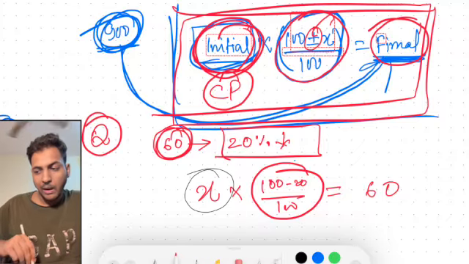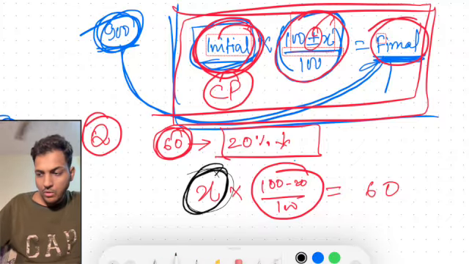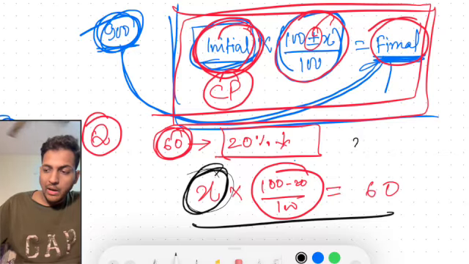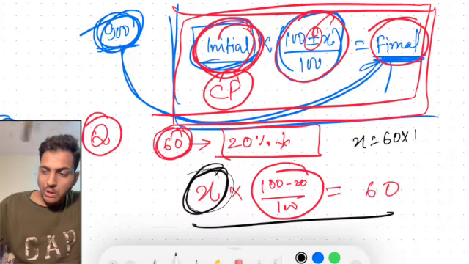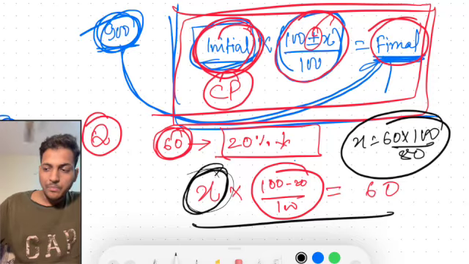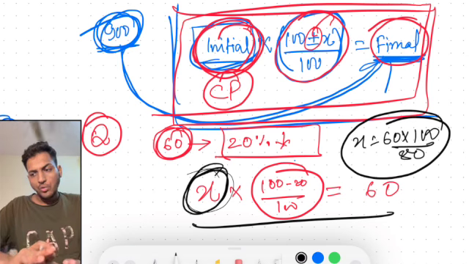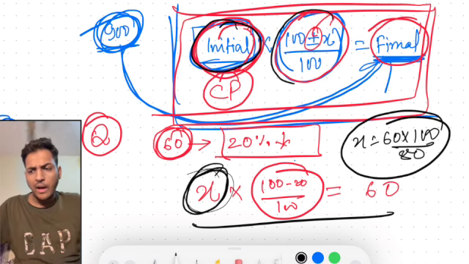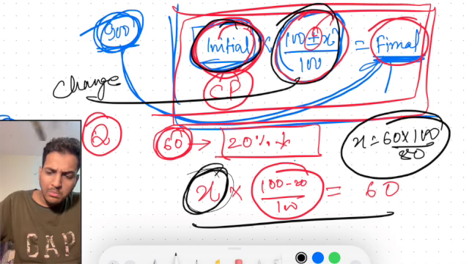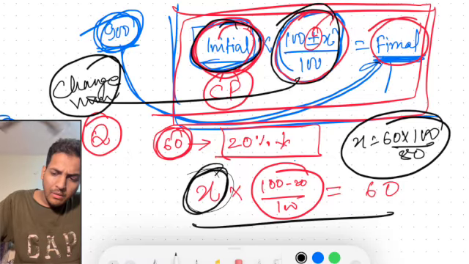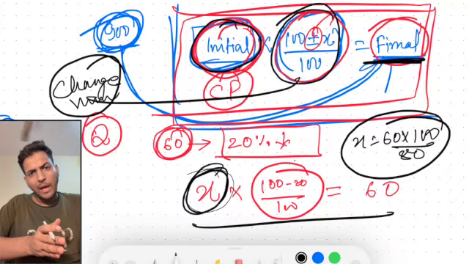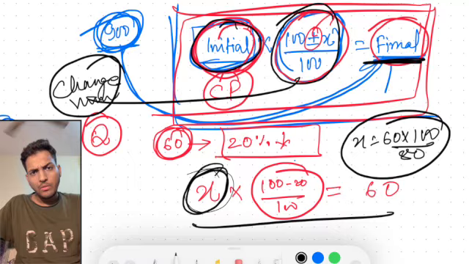X. So you can very easily find X from this equation. 80 by 100 will go here, so X will be 60 into 100 divided by 80. No need of any confusion about which to multiply and which to divide. Initial into this change number, which gives you the final number. You just need to multiply a number and you will get the final number.